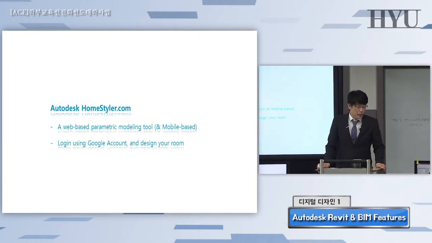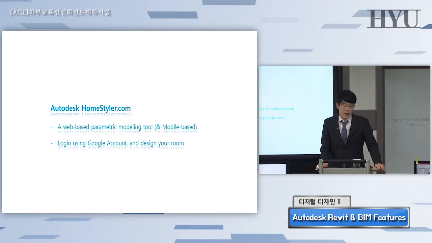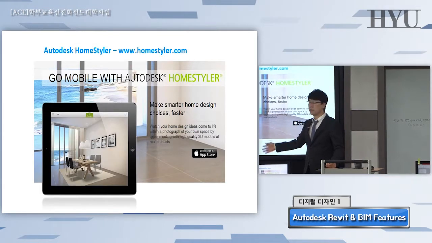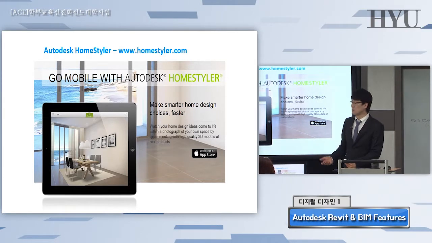I would like to bring your attention again to this early and handy, easy to use CAD software, homestyler.com. I introduced you this one long ago, actually, a web-based parametric modeling tool. And even a mobile version of this Homestyler is available to all of you in public.